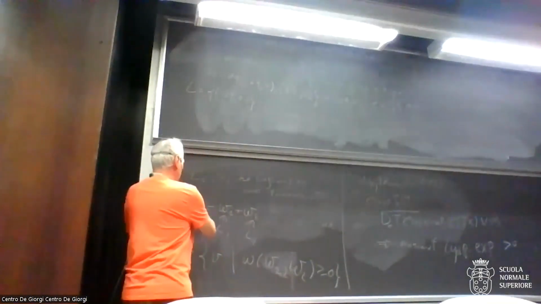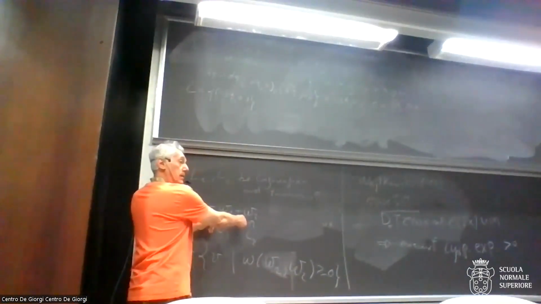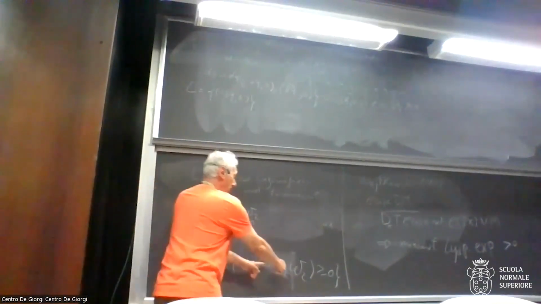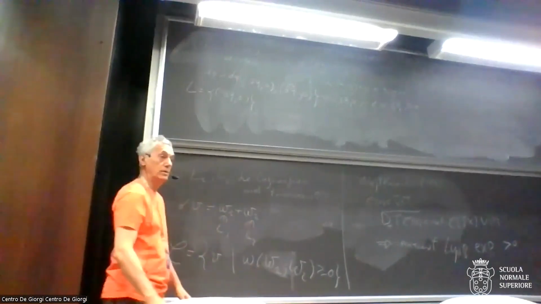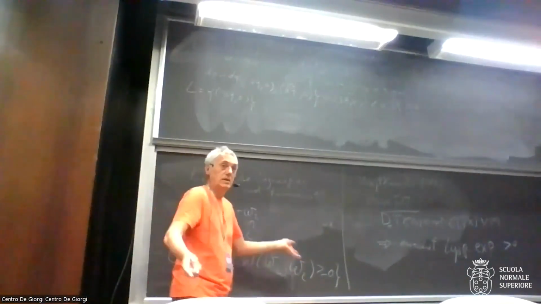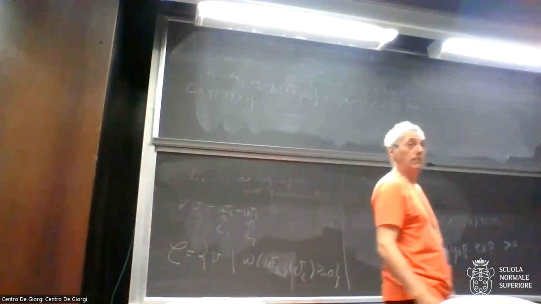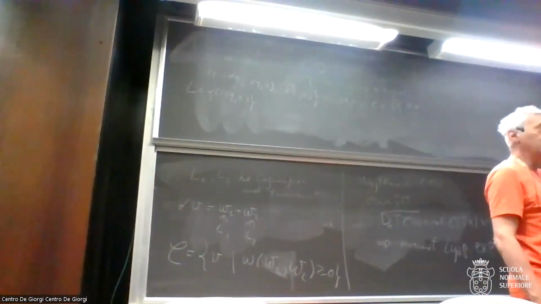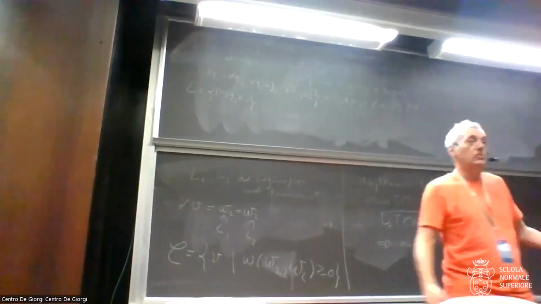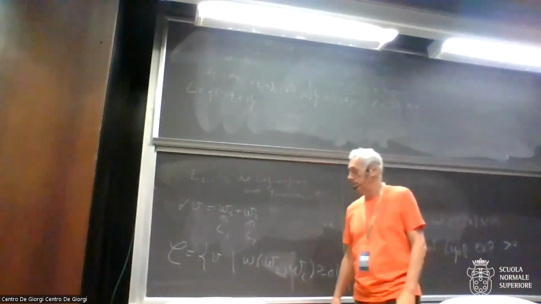Because if I multiply this by lambda, this also gets multiplied by lambda. This is a bilinear form, so you get out lambda square. So if you have v in the set, lambda v is still in the set. So that is a cone by definition.